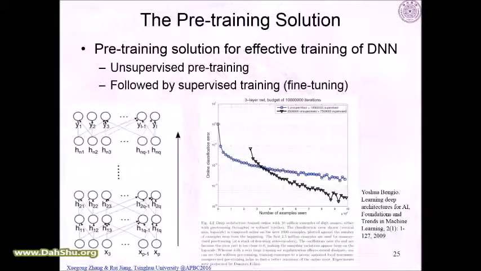These two curves show their experiment using, I think, 10 million training data. They have done two experiments. One uses all the 10 million training data with supervised learning, not a deep neural network, only a 3-layer neural network with all supervised training.